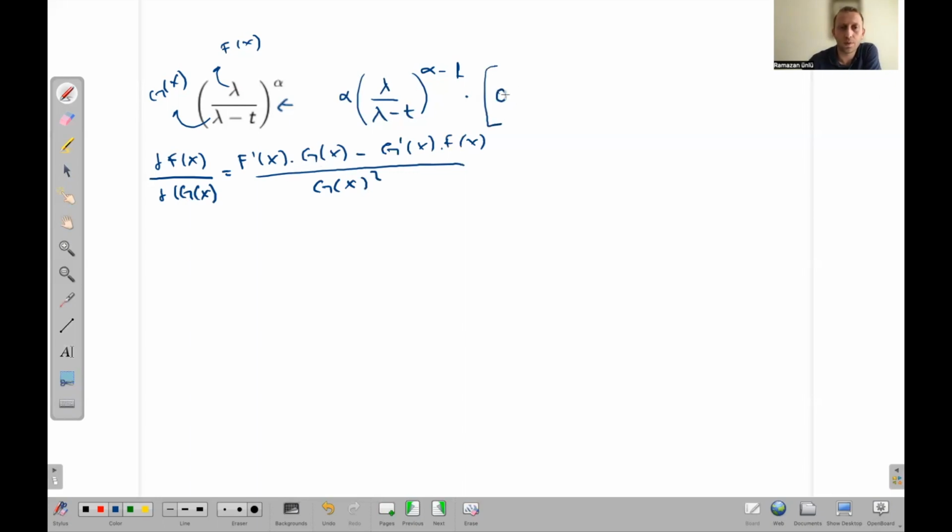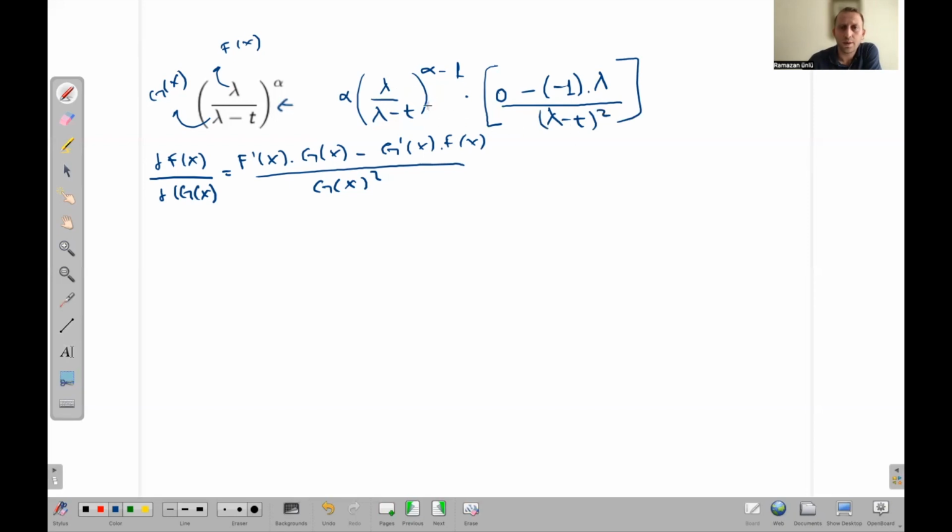So minus, let's calculate the derivative of the g of x, which is minus 1, right? Minus 1 times f of x, which is lambda. Okay, and divided by the square of the g of x, which is lambda minus t squared.